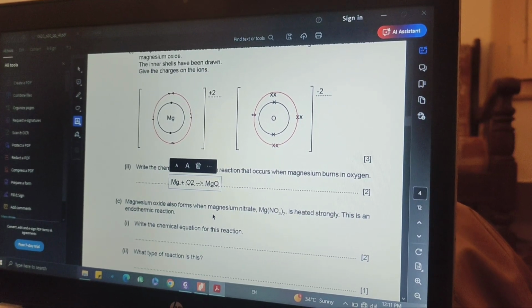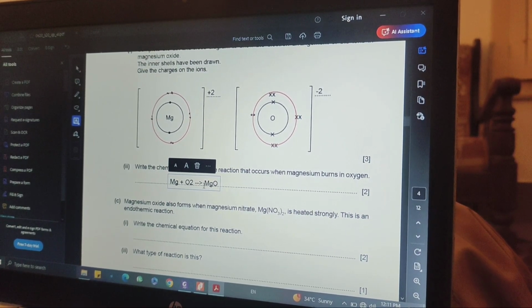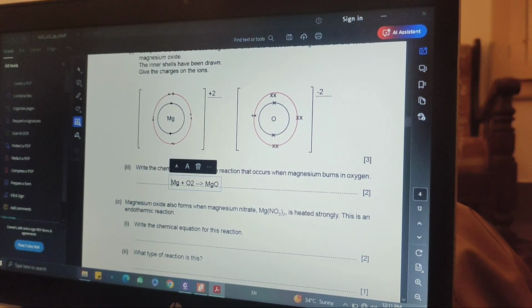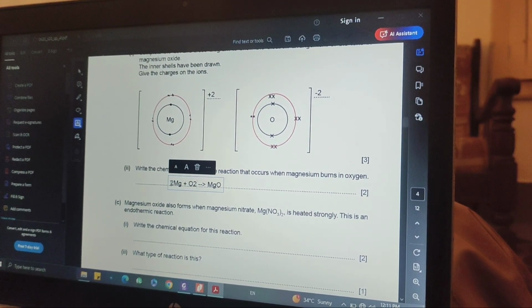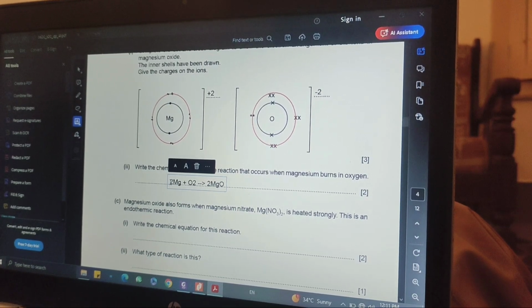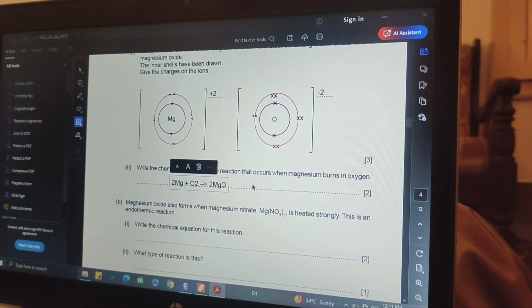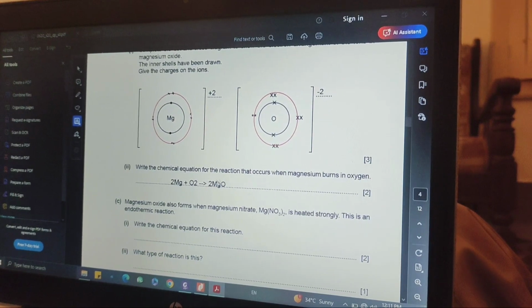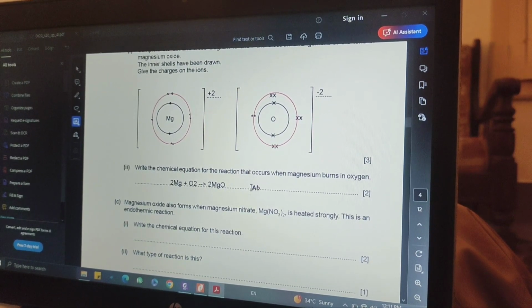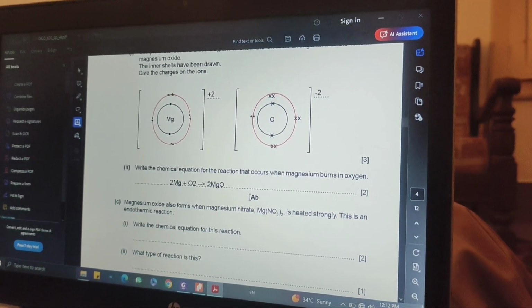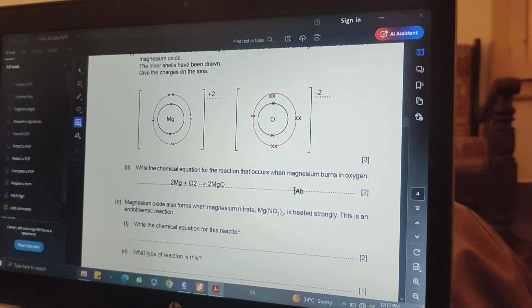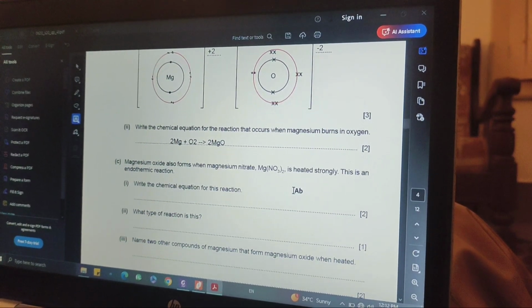But if you take a look here, it is not a balanced chemical equation, so we need to balance it by providing the correct numbers. As oxygen does not exist in atomic form but as a diatomic molecule, we need to balance it accordingly. Yes, the formula is MgO, but we need to provide the balanced chemical equation for 2 marks. Here 1 mark is for providing the correct symbols, and the second mark is for the correct balance.